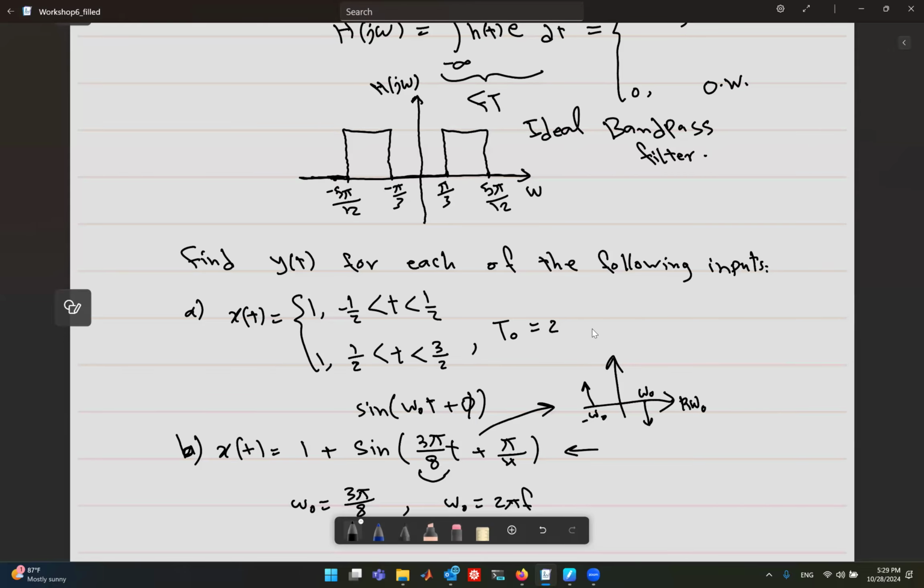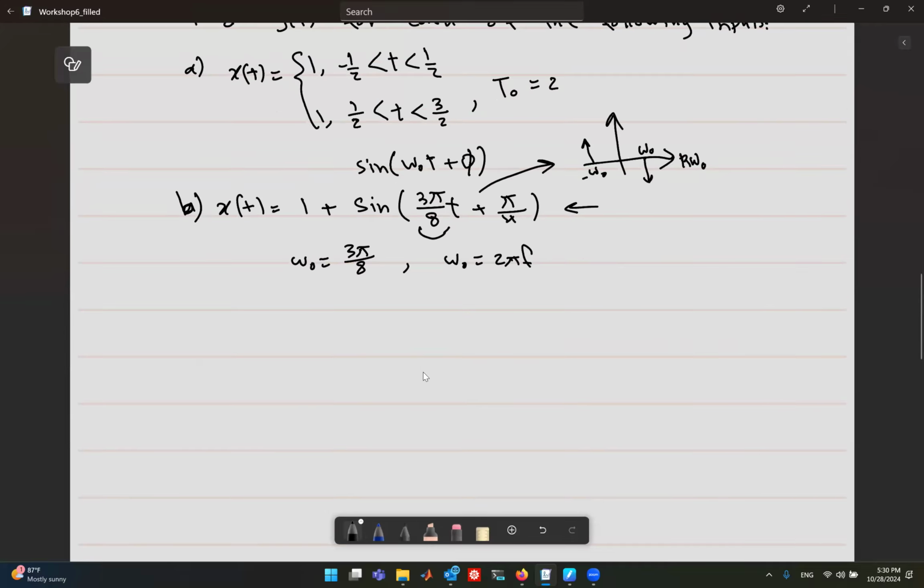Because you know that, to get the output in the time domain, we usually do convolution between the input and the impulse response. In the frequency domain, we just do multiplication.